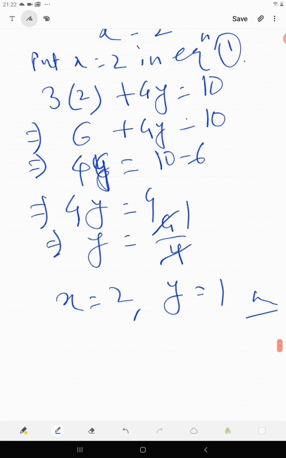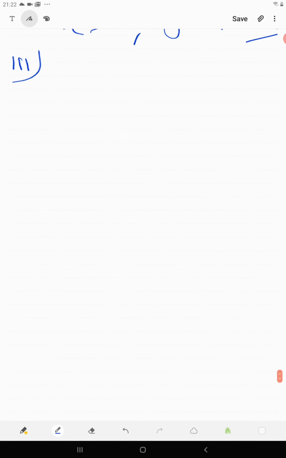Now let's do problem 3 for question 1. So what is problem 3? We have the equation 3x minus 5y minus 4 equals 0. Okay, and so we will take 4 to the right hand side.